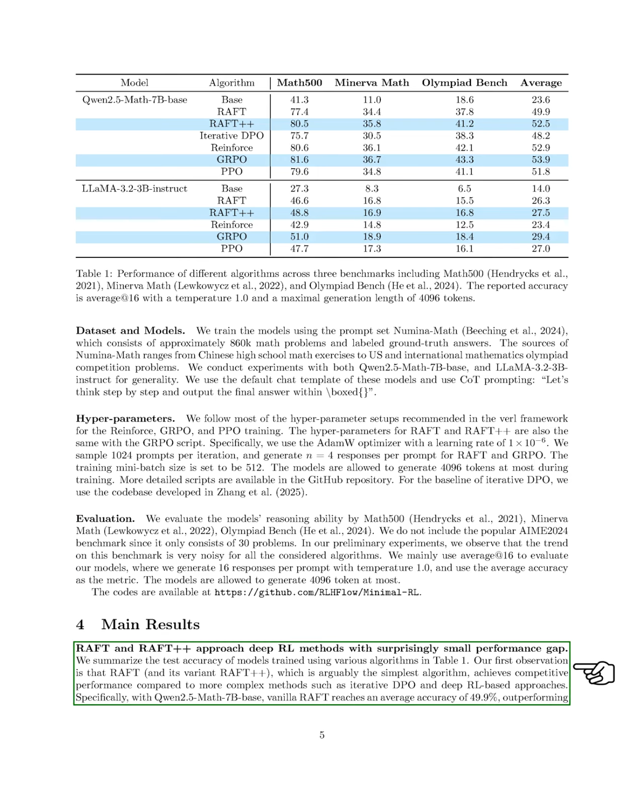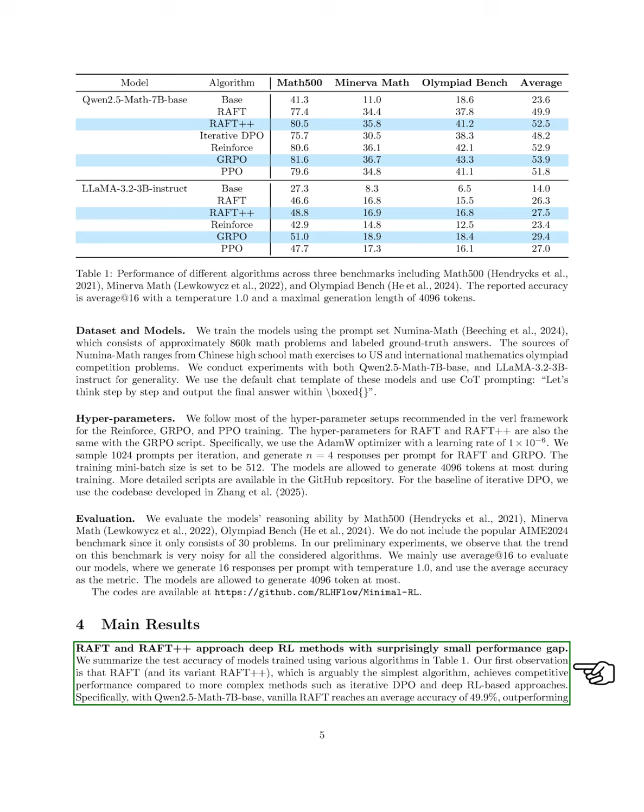We summarize the test accuracy of models trained with various algorithms in a table. Notably, RAFT, which is one of the simplest algorithms, achieves competitive results compared to more complex methods like iterative DPO and deep RL approaches.